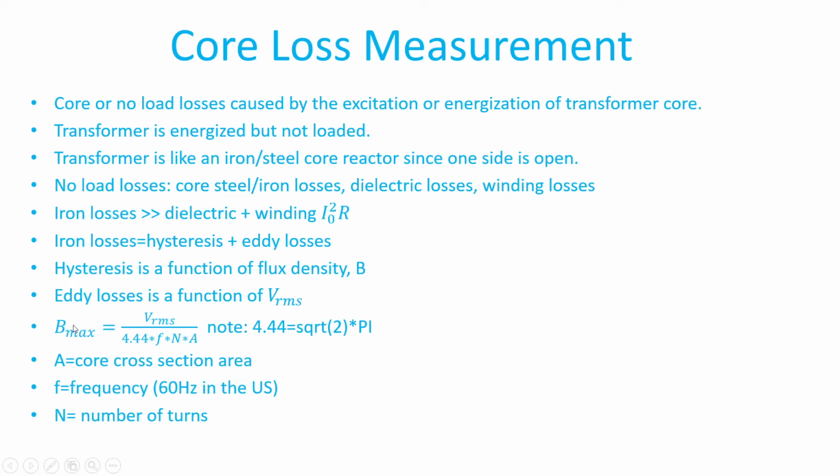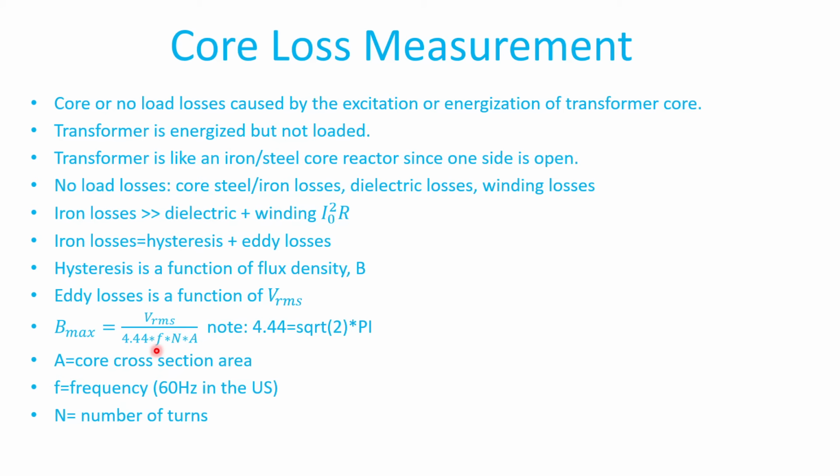And if you take the Faraday equation and you carry out the calculation, you will come to the maximum flux density. Bmax is equal to the RMS voltage divided by 4.44 times F, the frequency.